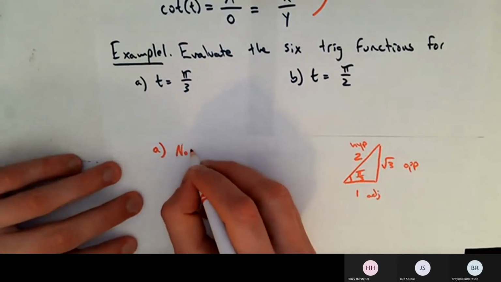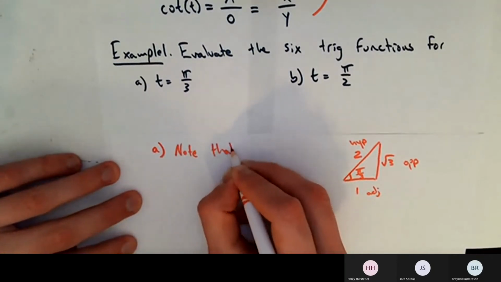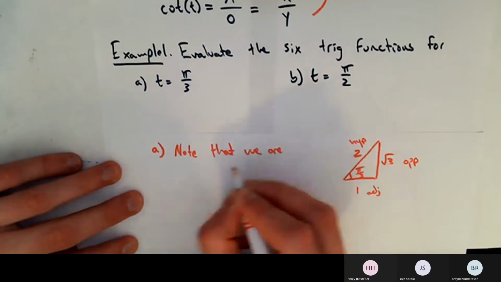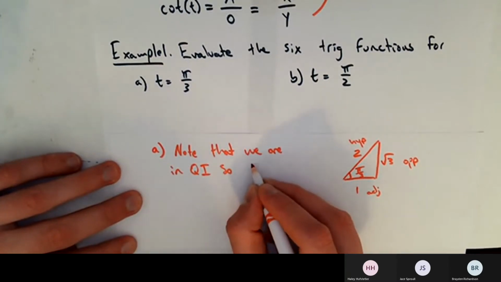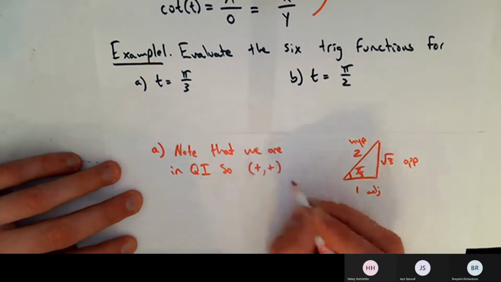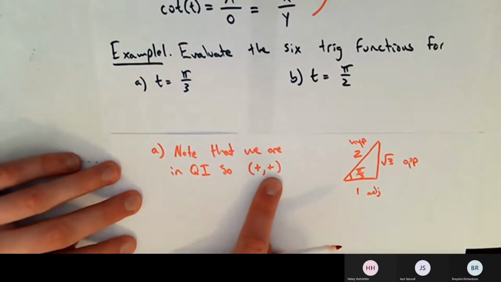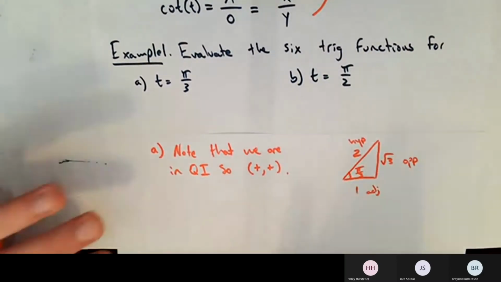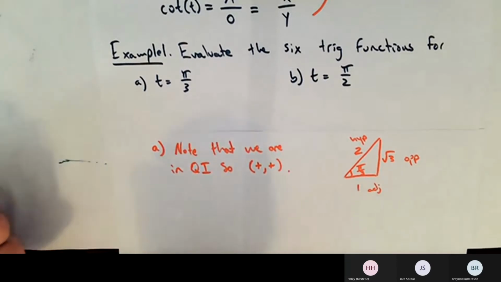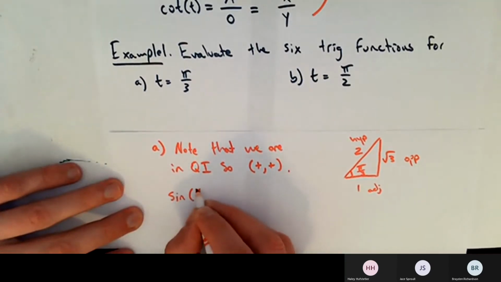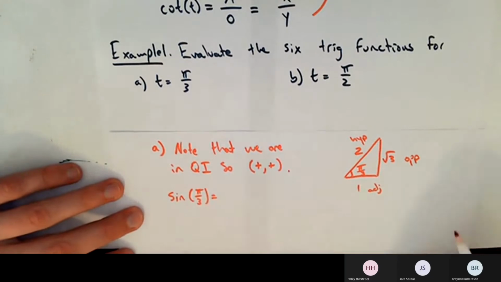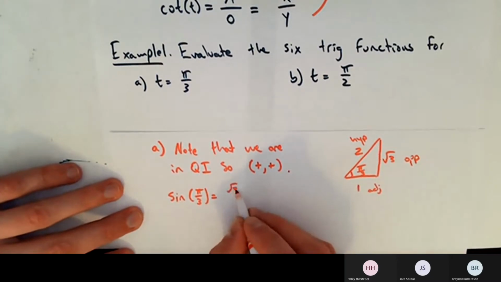So note that we are in quadrant 1, so x and y are positive, so I'll just denote that by this. X and y are both positive. So I don't need to worry about any of these being negative. Okay, here we go. Sine of pi on 3 is opposite over hypotenuse, square root of 3 over 2.